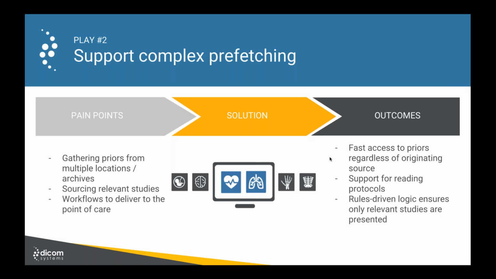And one of the questions that came up from one of the radiologists was how are the image lifecycle management rules managed, right? So if you're reading remotely for another group or for a hospital, what happens to the image lifecycle management rules of those relevant priors?